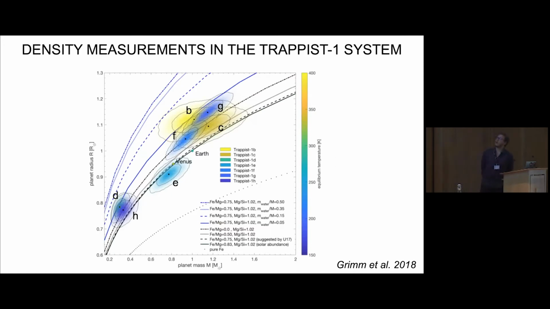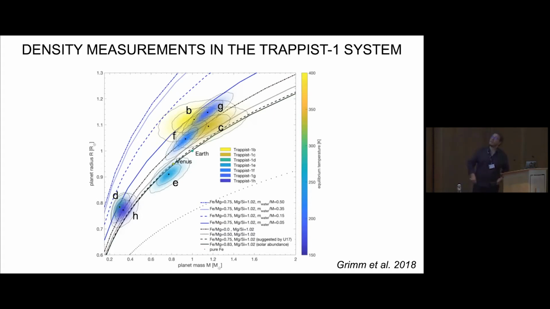I just would like to show you this plot because the objects I've been talking about during my talk are objects that are thought to be difficult to characterize or amenable only to future observation with the James Webb or with the ELTs. But what if we actually already had some interesting data to start to characterize not only the interior of some of these planets, but also their atmosphere?